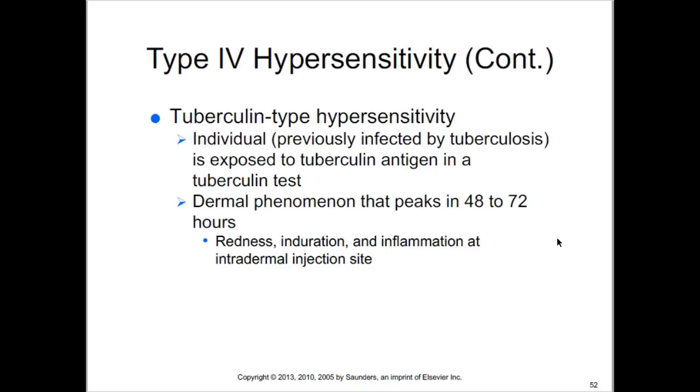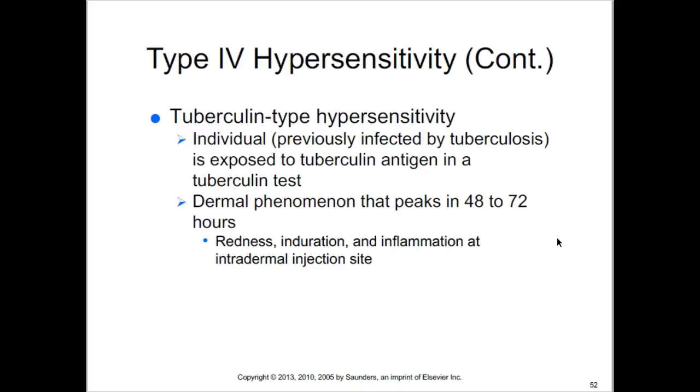The tuberculin type of hypersensitivity: if you have been previously infected by tuberculosis, or if you've received some types of vaccines for tuberculosis, you might also come up positive on this tuberculin test.